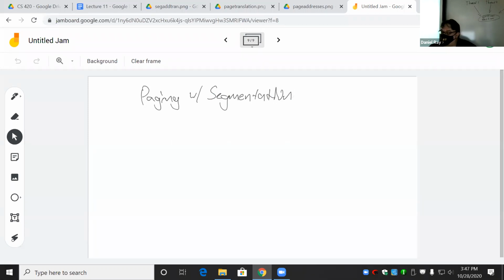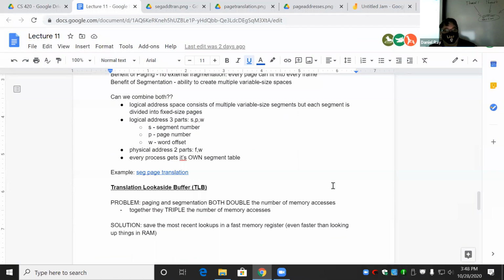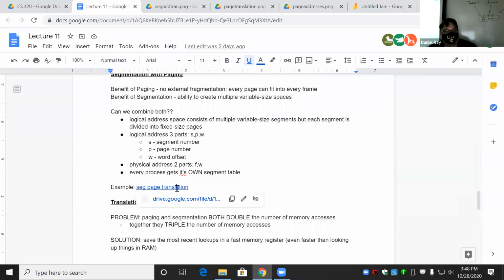And the physical memory is divided into fixed size frames, okay? So that allows us to keep the chunks together, right? And allows us to eliminate external fragmentation.